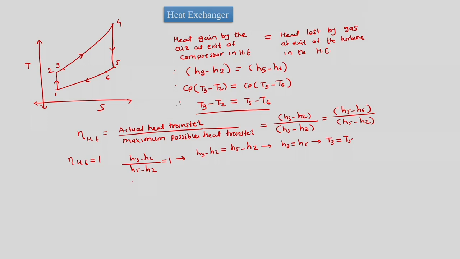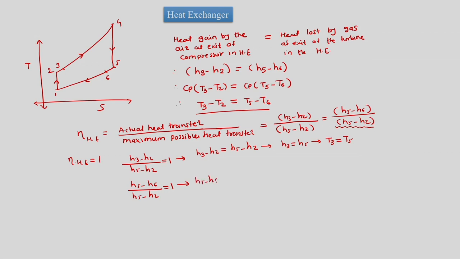Secondly, we can also write H5 minus H6 divided by H5 minus H2 is equal to 1, since this is the second formulation for effectiveness of heat exchanger.